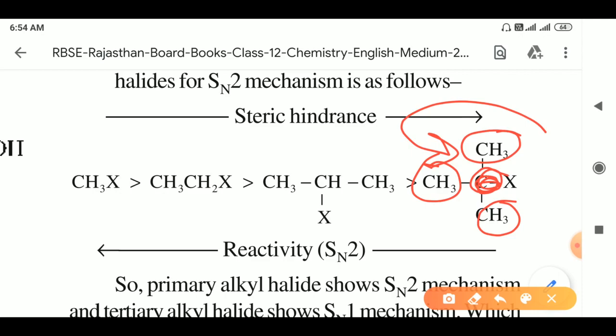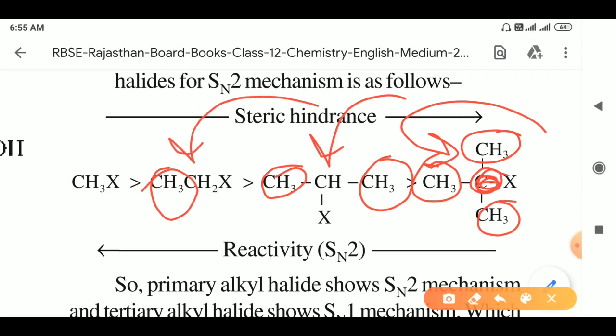But here only two CH3 groups are there, so the nucleophile attacks more easily. Here only one CH3 is there, so it attacks very easily. And in CH3X there is no steric hindrance, so the SN2 reactivity is maximum for the methyl group CH3X.